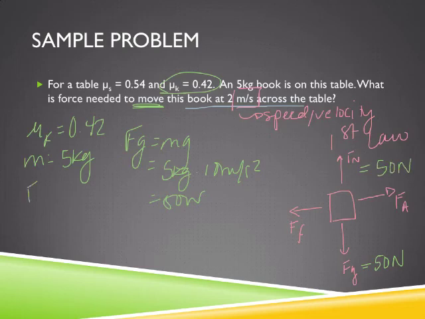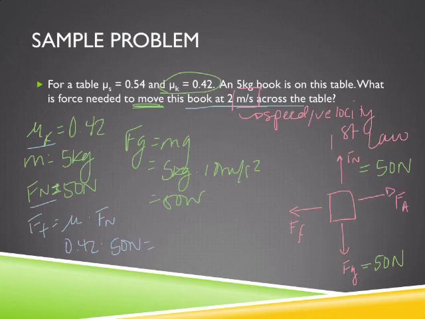So now we know F sub n equals 50 newtons, which takes us to another equation we have enough information for. Force of friction is equal to mu times F sub n. So that's going to be 0.42 times 50 newtons, which is equal to 21 newtons.